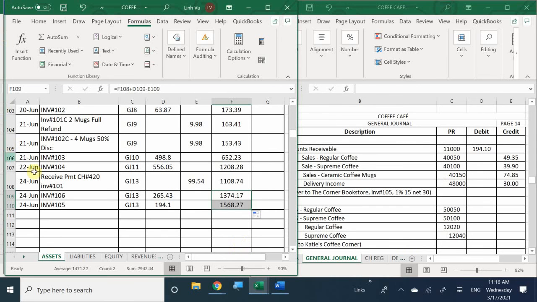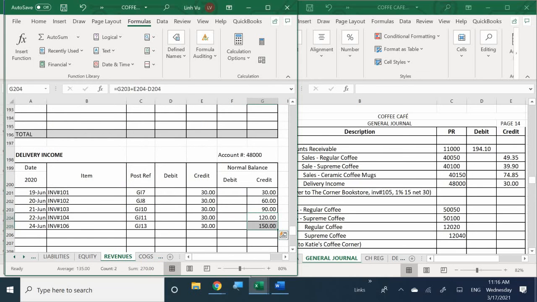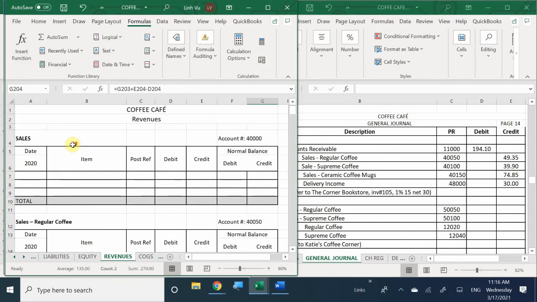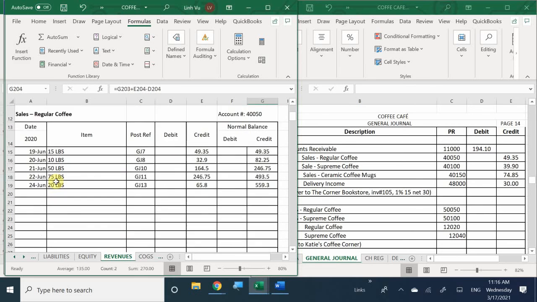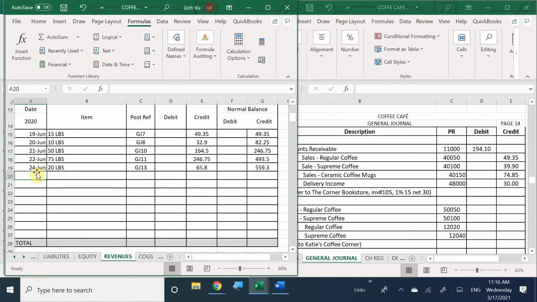Yes, perfect. Okay. Now we're going to go to our revenues. Once again, all the way up the top. How many pounds of regular coffee did we sell? 15 pounds. Okay, General Journal 13 for a total of 49.35.